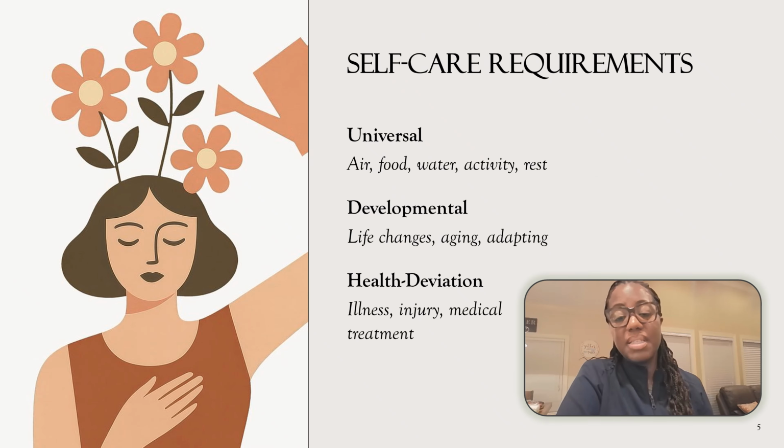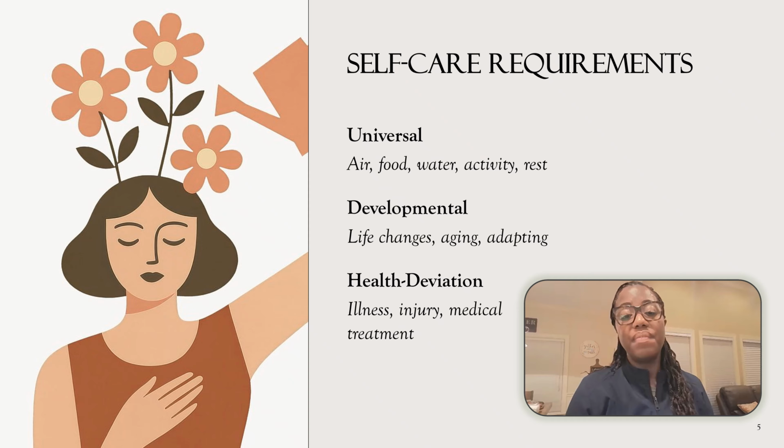Now let's talk about self-care requirements. Orem's theory identifies three categories of self-care requirements. The first is universal requirements. These include basic needs like air, food, water, activity, and rest.